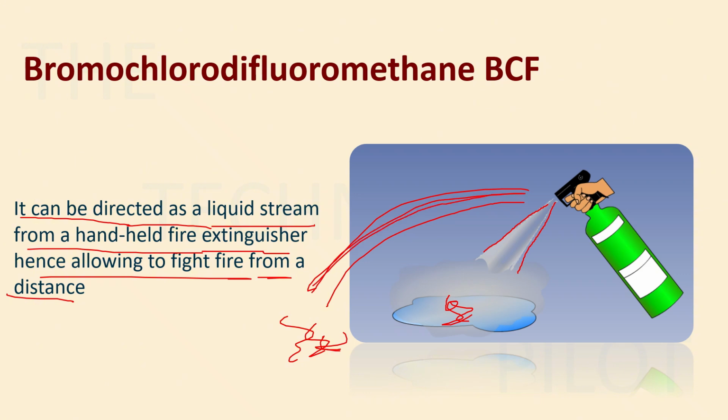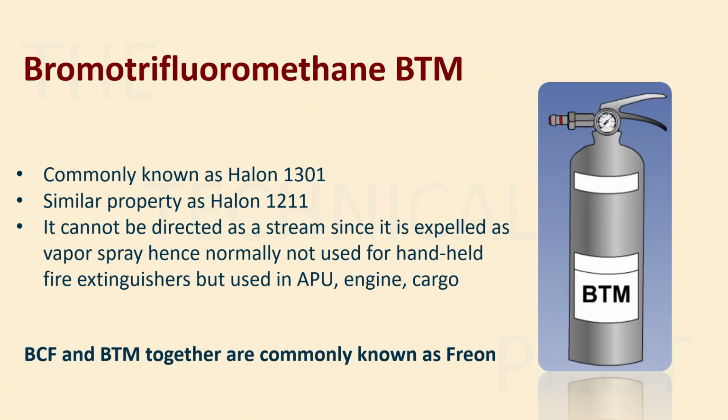Because it is coming out in the form of a stream, it can extinguish a fire from a distance. So this is also a good thing about it. BCF, your Halon 1211, is a very good kind of fire extinguisher that we use very often in our aircraft.